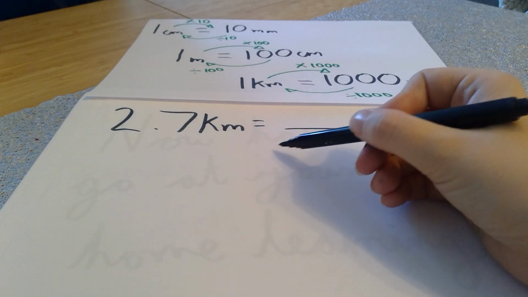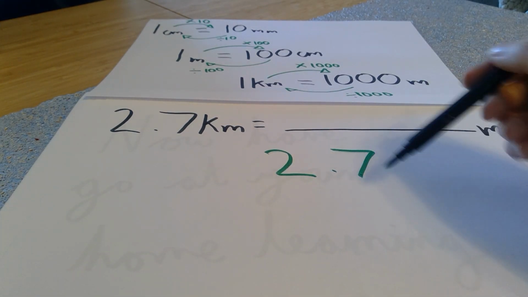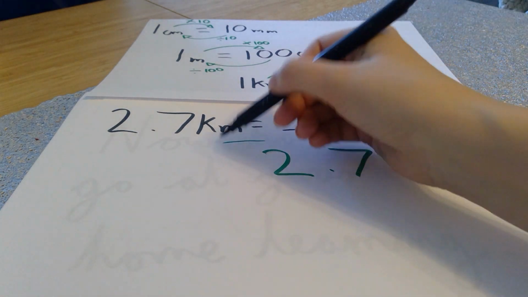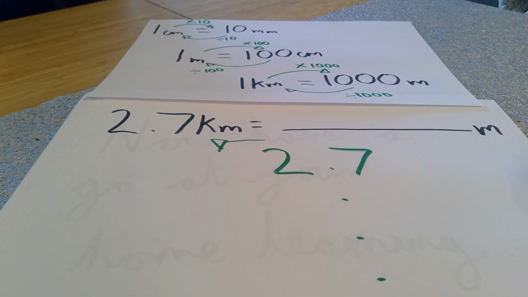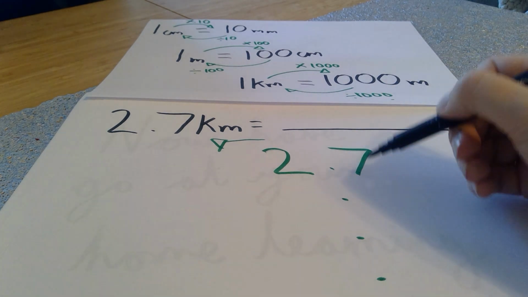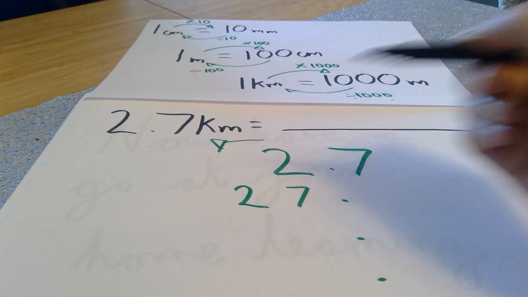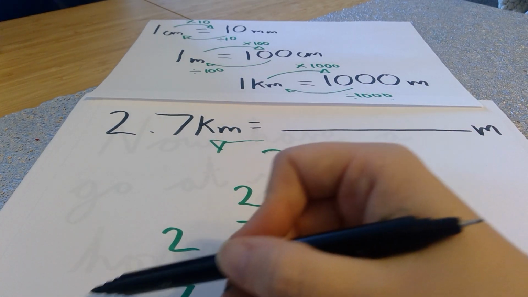Kilometres into metres. So am I timesing or dividing? Timesing. So I'm going to make it go big. I'm going this direction. Put my decimals in. How many times do I move it? 3, because 1,000 has 3 zeros. Excellent. So that's 1, 2, 3.